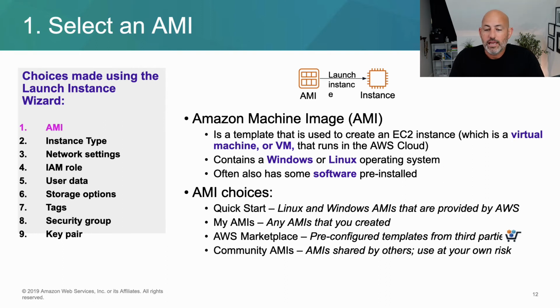There's also Quick Start, My AMIs, and AWS Marketplace, so you can buy, for example, a pre-configured instance. And there are community AMIs, where somebody configured some kind of web service, or Jupyter Notebook or something, and you could use it.